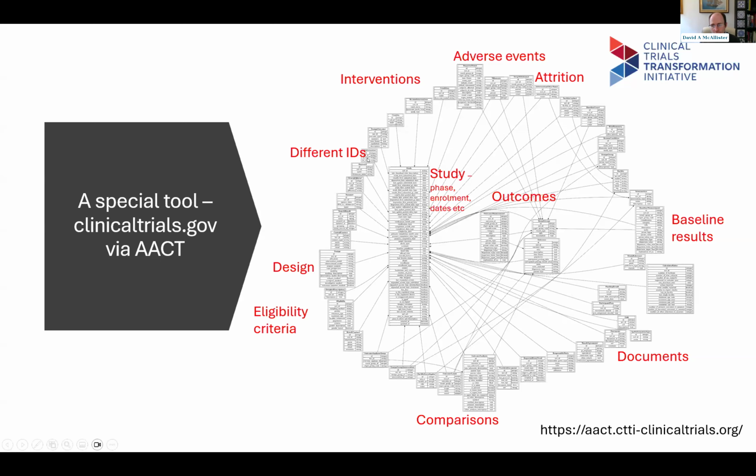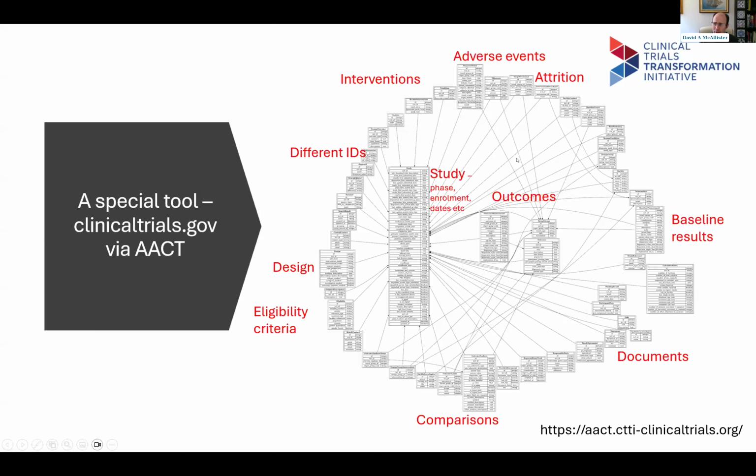So for example, you've got different IDs, as well as the clinical trials NCT ID, you might have different sponsor specific IDs, and it has lookup tables for that. It'll tell you about the study design, you can extract the eligibility criteria for the trial. That's all hugely helpful. You get lists of the primary and secondary outcomes. All of that's really helpful for trying to understand the data that you're faced with when you're working inside the environment.